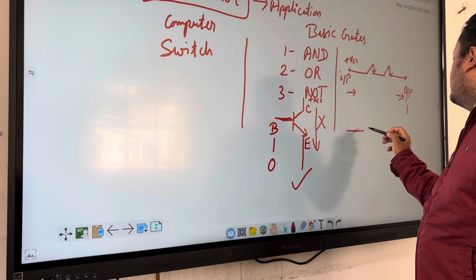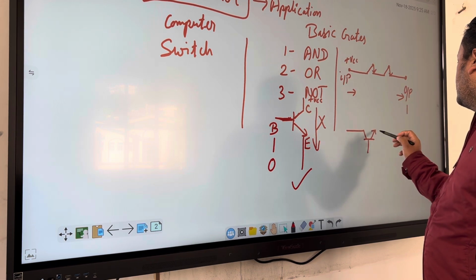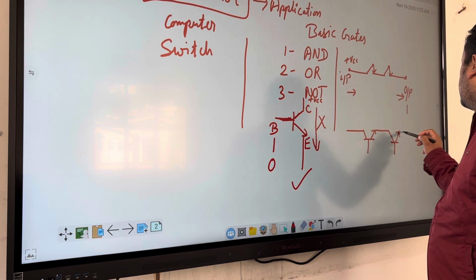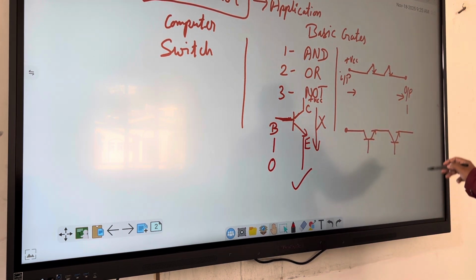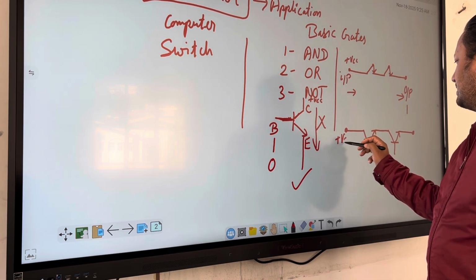So if we connect transistors in this manner, I can make use of this characteristic of the transistor. This is where my battery is connected.